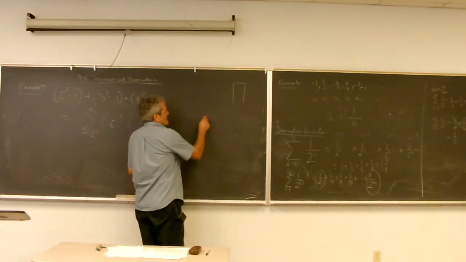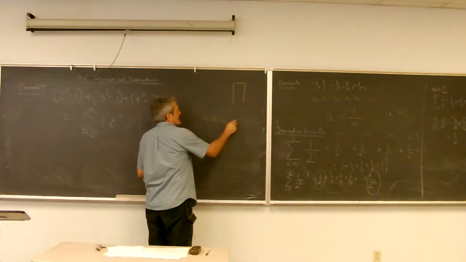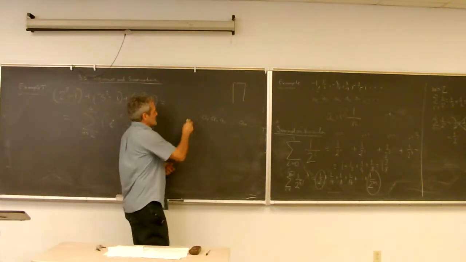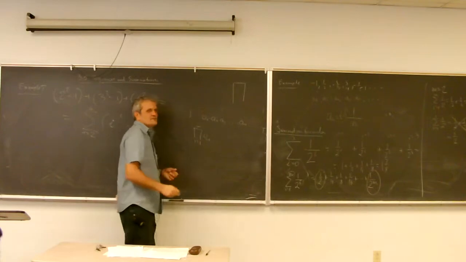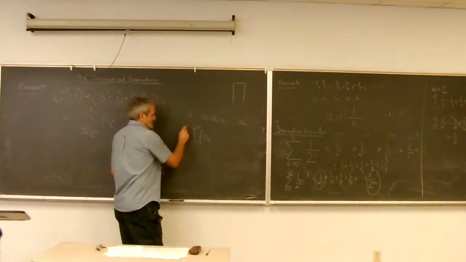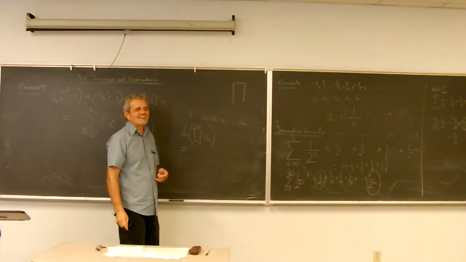So if I have A1 times A2 times A3 times up to An, products, and then if I have an infinite product like this, the product of a_i when i goes from 1 to infinity, then what can you do? Take ln of this one. So what will that make out of this ln?